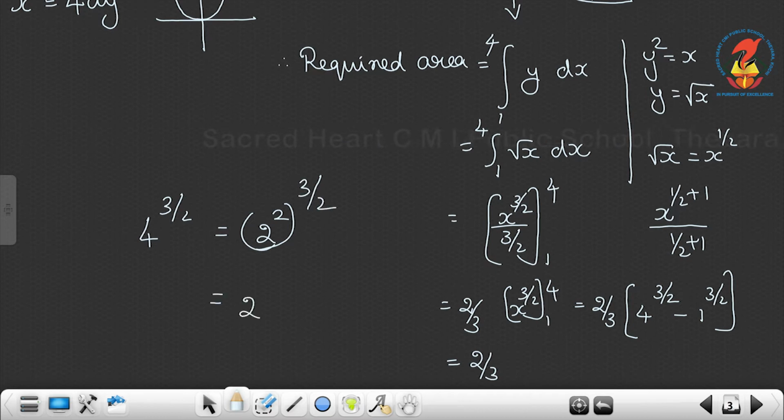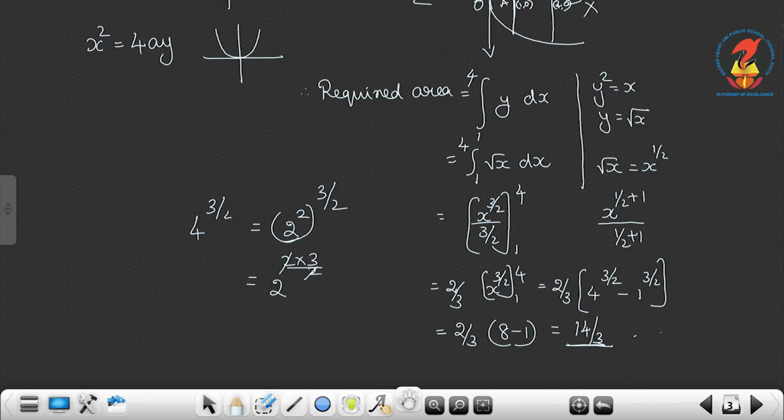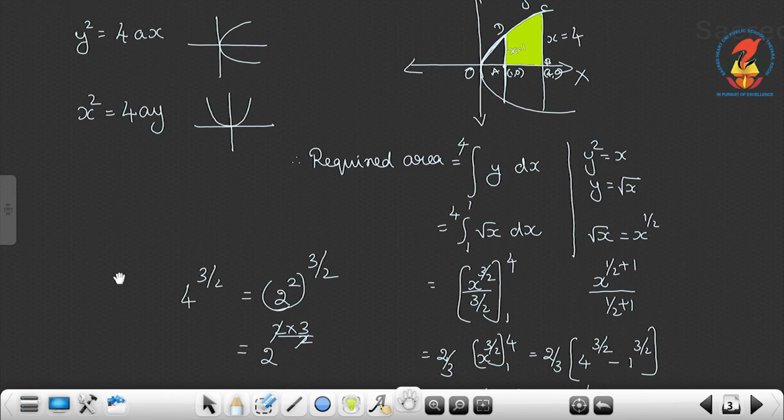So 2 raised to 2 into 3 by 2, that is the exponent rule. So 2 cube, that is 8, minus 1. 8 minus 1 is 7. 7 2s are 14. So 14 by 3 square units. That much area for that shaded portion.